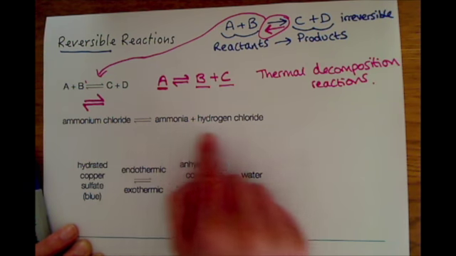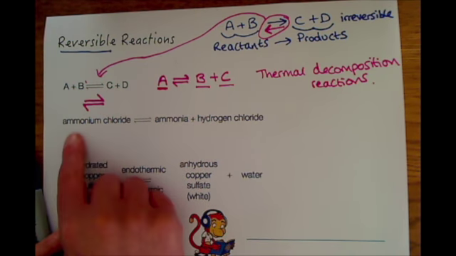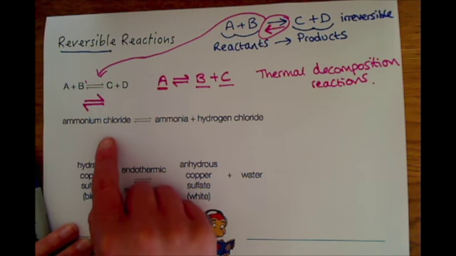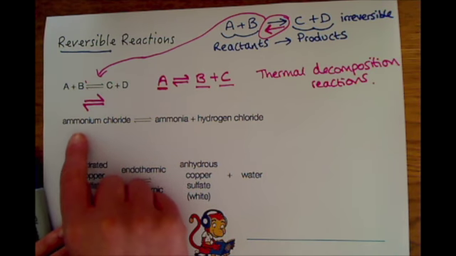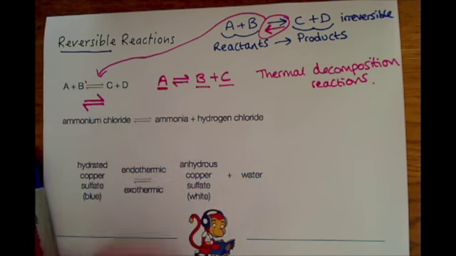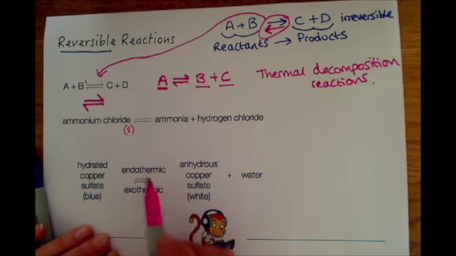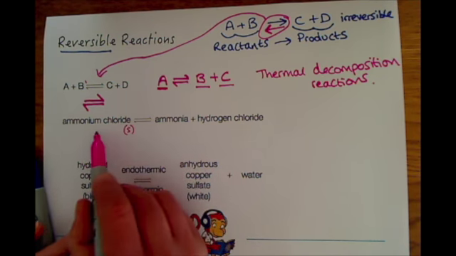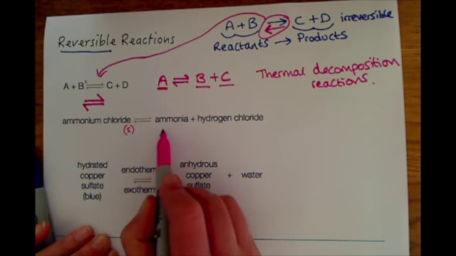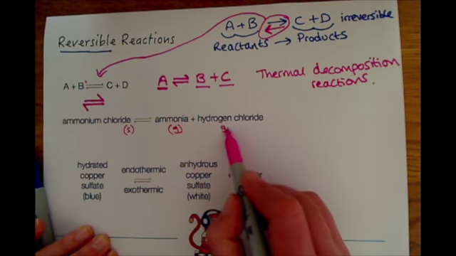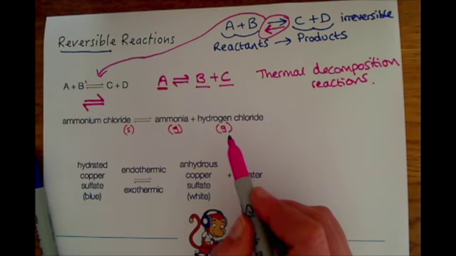This is a reaction that you get given in your specification, so it's one that might come up in a question in relation to reversible reactions. And in fact, ammonium chloride starts off as a solid, and if you heat this up, it will turn into ammonia gas and hydrogen chloride gas.